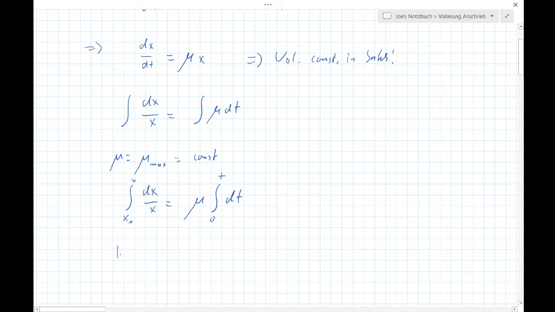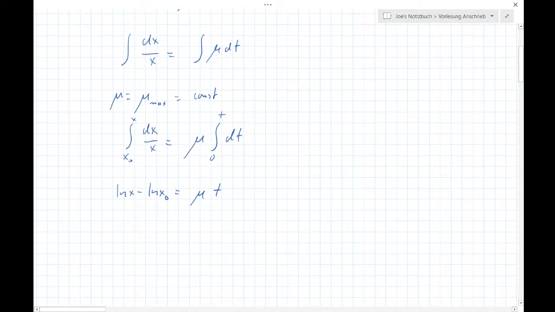And of course then we have ln x minus ln x0 is equal to mu t minus mu times 0, and that's of course the same. And then we just rearrange, and we have ln of x over x0 is mu t, and to the power of, and therefore we have x is equal to x0 times e to the mu t.